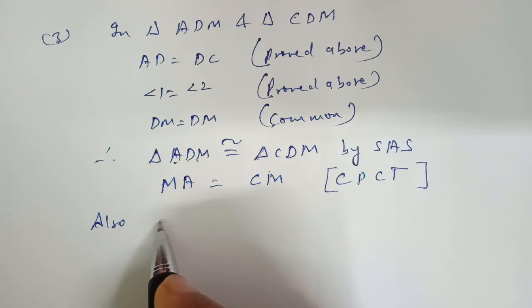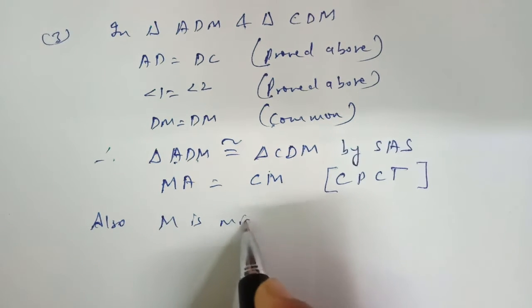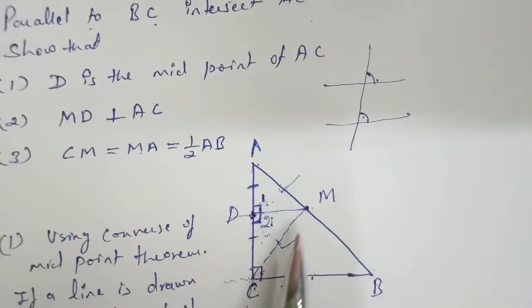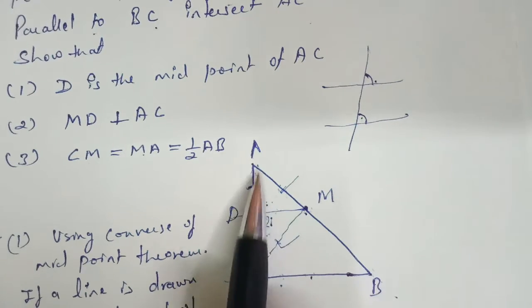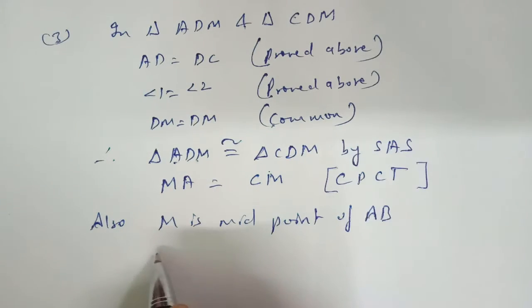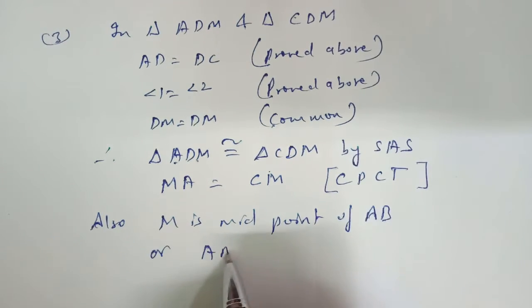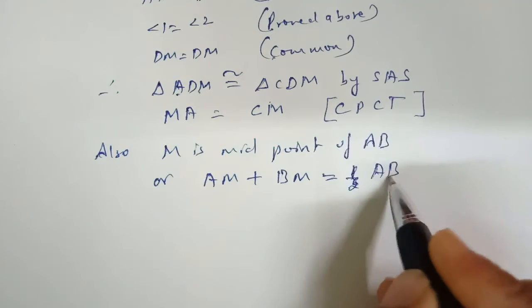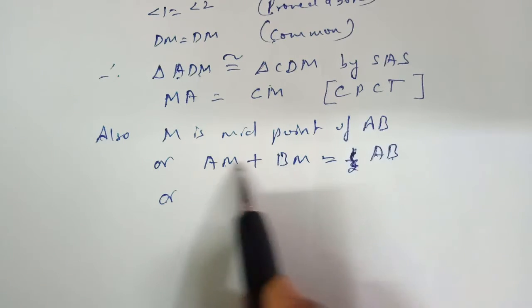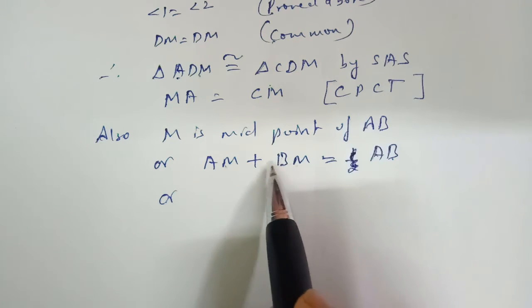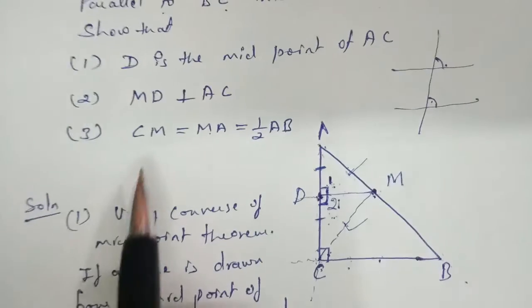Also, it is given M is the midpoint of AB. Now, as it is given, M is the midpoint of AB, so we will say AM plus BM is equal to AB. Since both of them are equal, in place of BM we can write AM, because we have to prove CM equal to MA equal to half of AB.